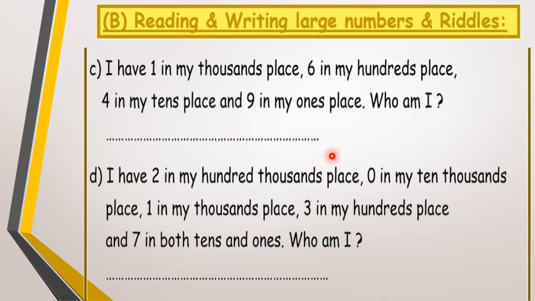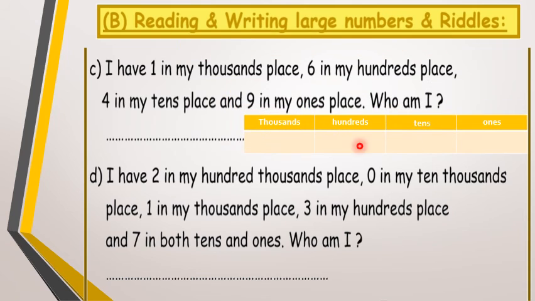Okay, we still have this game. Who am I? I have 1 in my 1,000 place, 6 in my 100 place, 4 in my tens place, and 9 in my ones place. So I will make the place value mat, and let's see which digit each place value has. In thousands, he has 1, so I put 1 in thousands. In hundreds, I have 6, so I put 6 in hundreds.